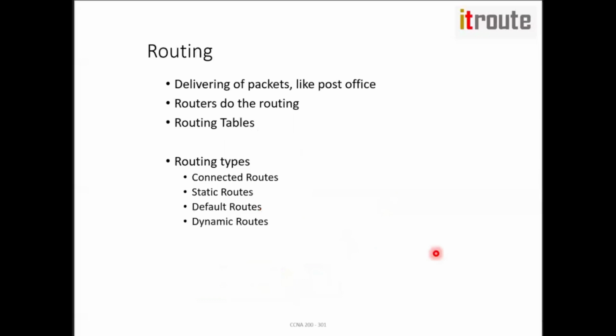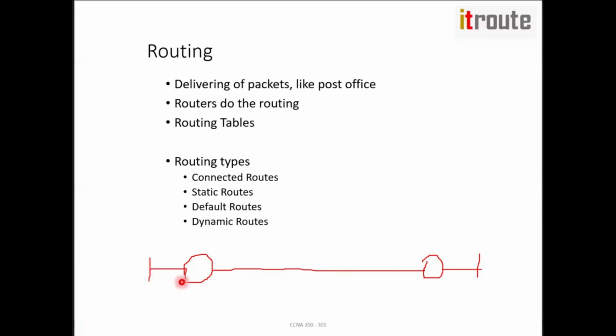Now, routing means a router can deliver packets from one network to another network. Let's say we have a router. The router does the routing, sending packets from one network to another. It works like a post office.